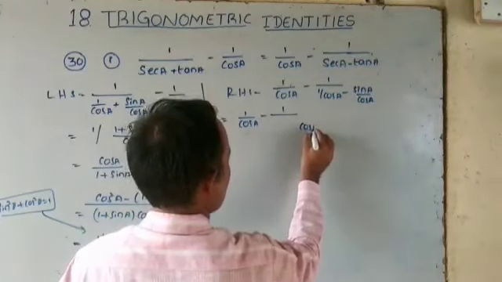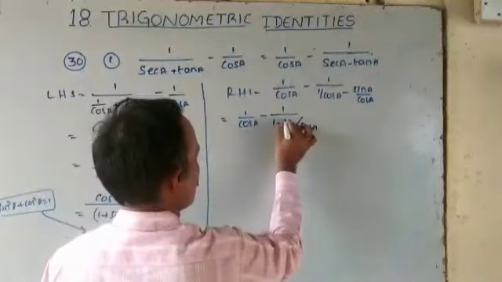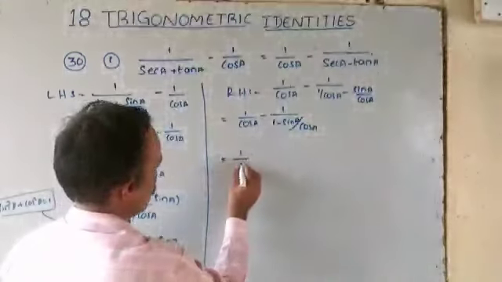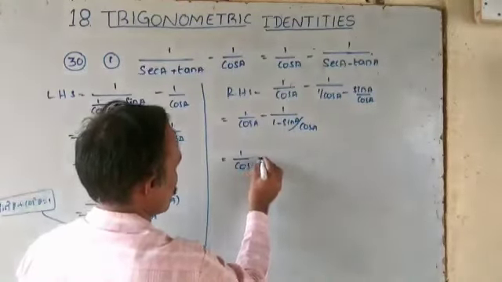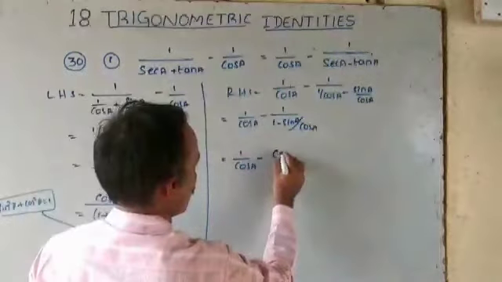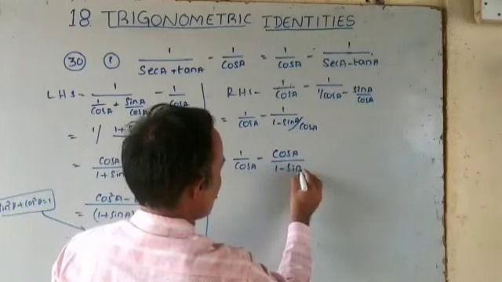So cos A is the LCM. Numerator also same, that is 1 minus sin A. So this is equal to 1 divided by cos A minus, so this term will shift to numerator, that is cos A divided by 1 minus sin A.